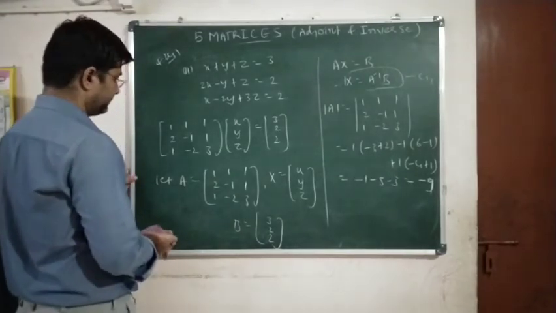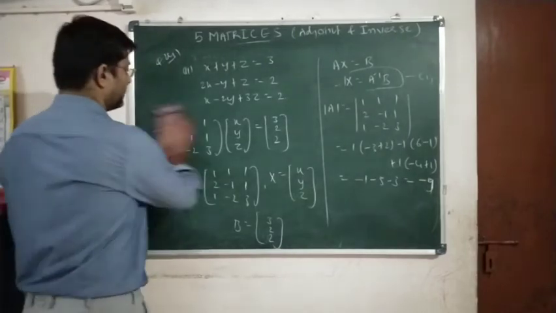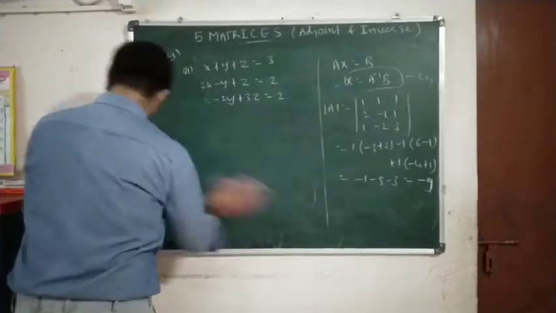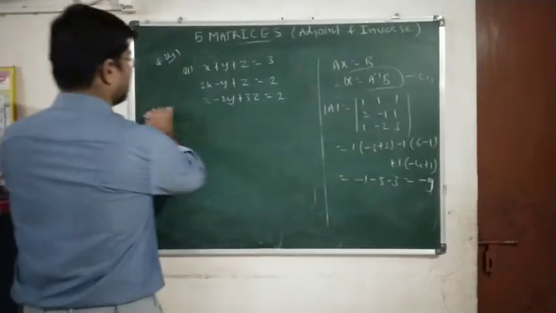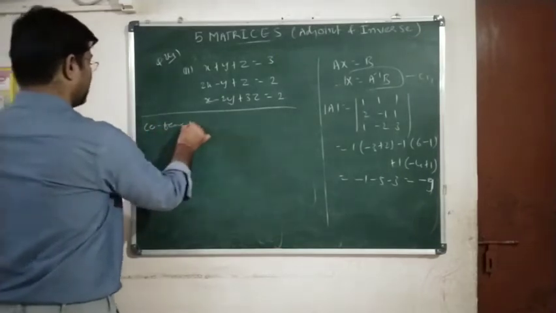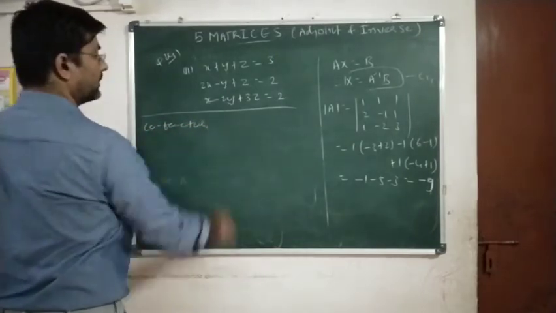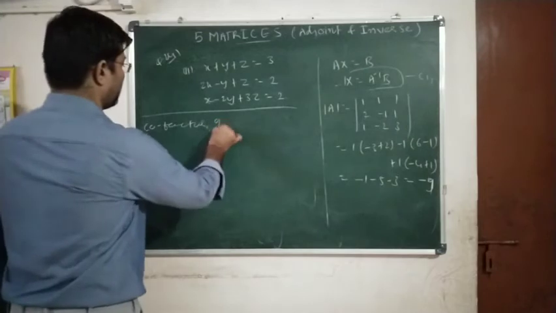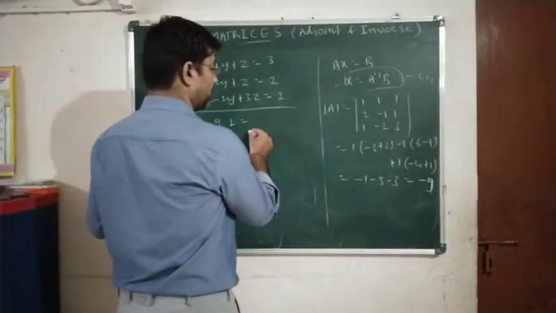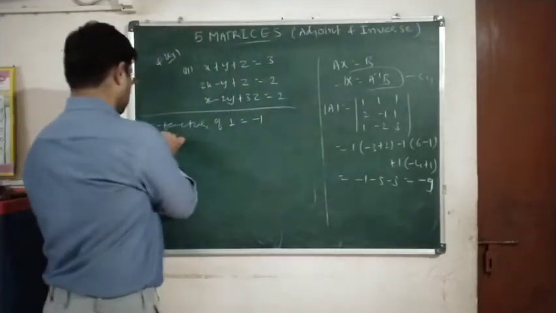Okay, so from here we can start writing the cofactors of each element. Starting row wise, cofactor of 1, first row, is minus 1.